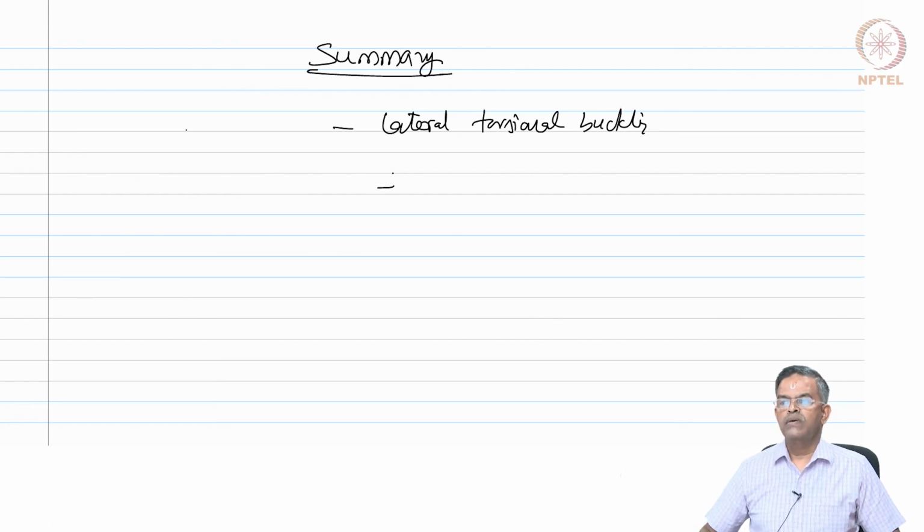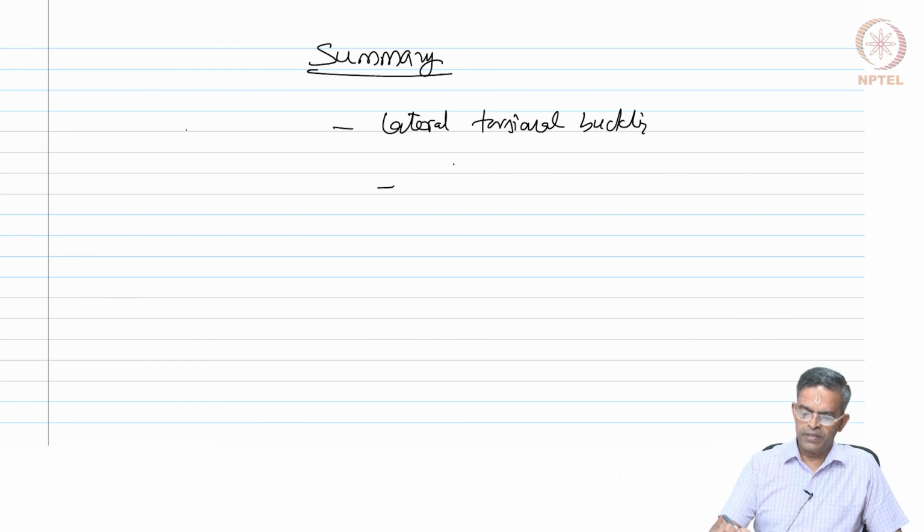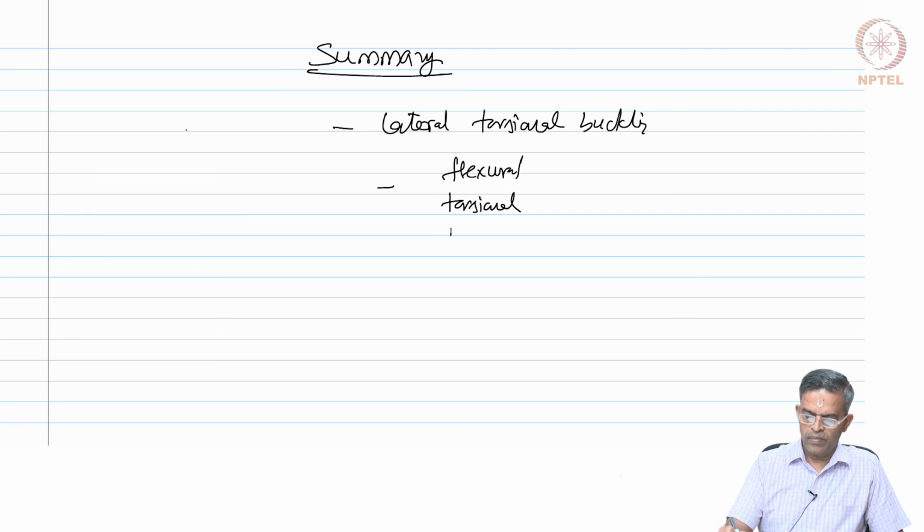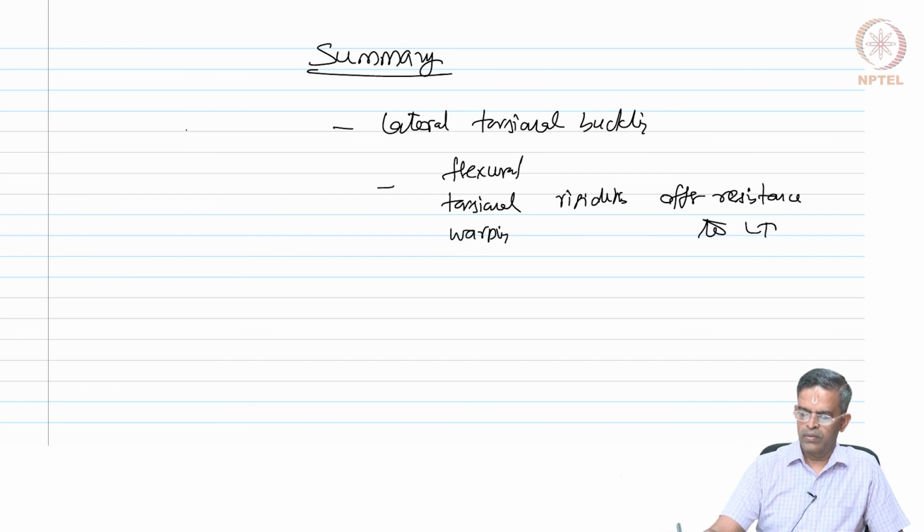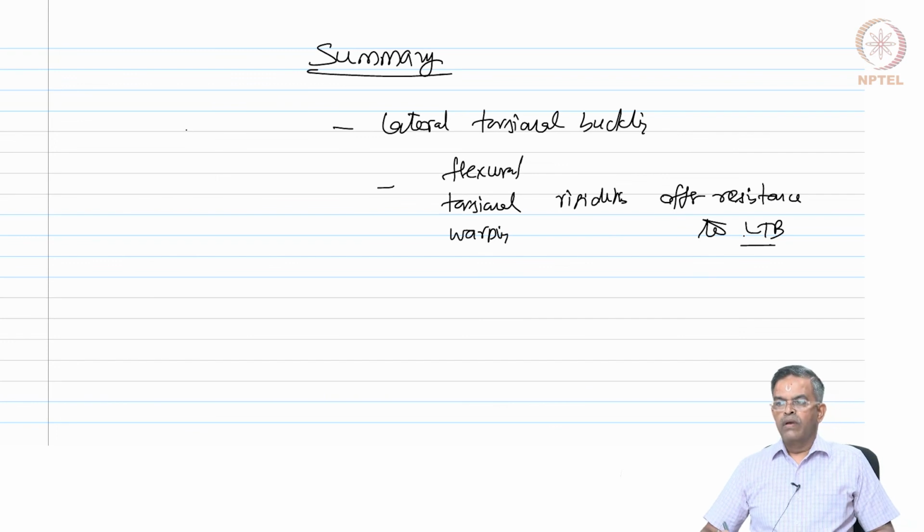It comes from flexural, it comes from torsional, it comes from warping rigidity. We will continue to derive this section and discuss LTB in the next lecture again. Before that, give a thorough reading and understand the figure of deformation, and please understand why it is called lateral torsional buckling.